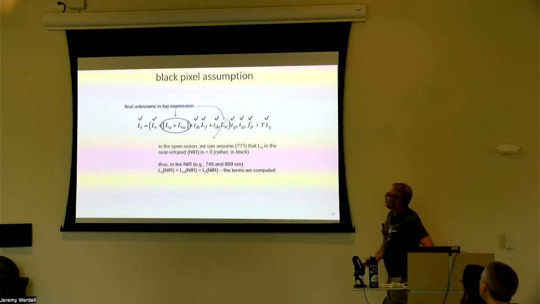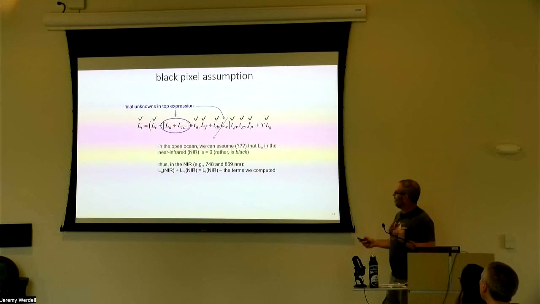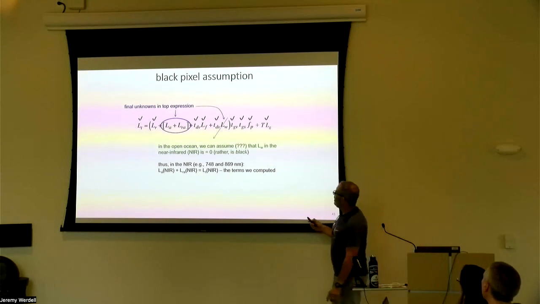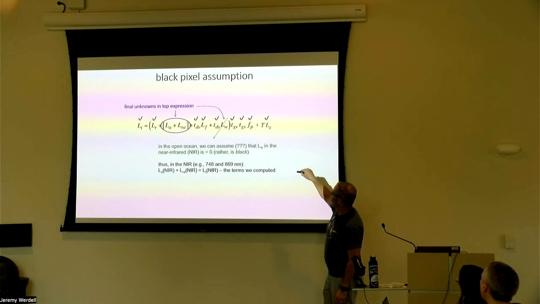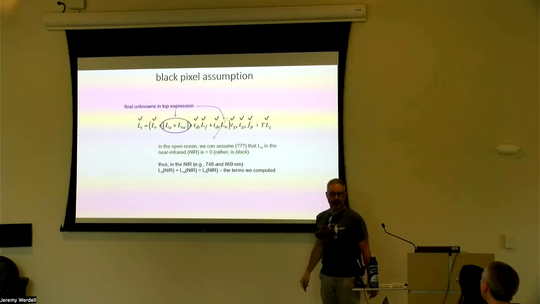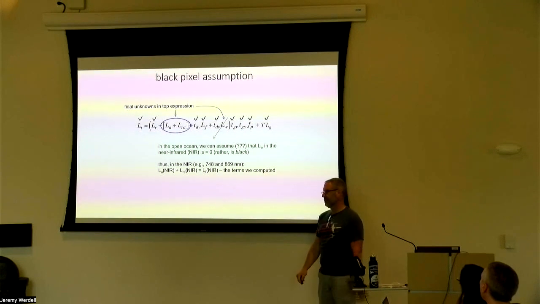Okay, so this comes into something that was incredibly clever in the 80s called the black pixel assumption. As you've seen, in water like this it probably breaks down, but in open ocean water, can you make the assumption that your near infrared ocean is black? Is there any red light coming out of the ocean way offshore?